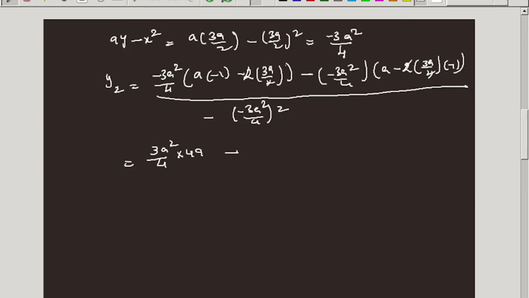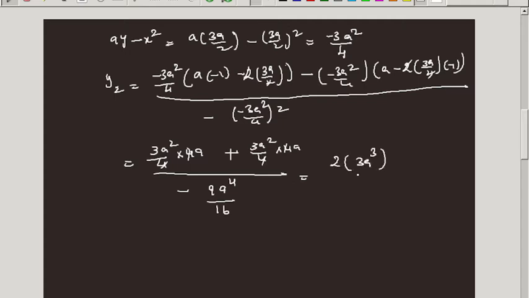If we multiply this, we get plus 3a square dividing by 4 into 4a. In the denominator, if we square this, we get 9a power 4 dividing by 16. Now if we add the numerator, we can cancel 4, and we get 2 times 3a power 3 dividing by minus 9a power 4 into 16.